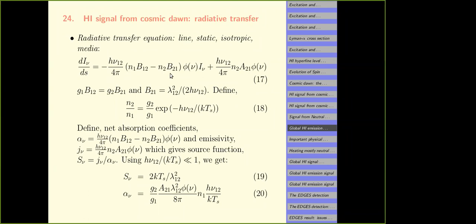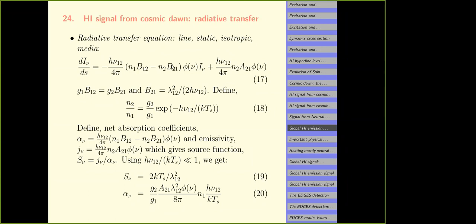The first thing about static media is that the intensity of a light ray is conserved unless the photon is either emitted or absorbed. So dI_nu/ds would be 0 if not for the right hand side. This is not true in an expanding universe, where the intensity changes as 1/z cubed, but it doesn't make any big difference in this equation.